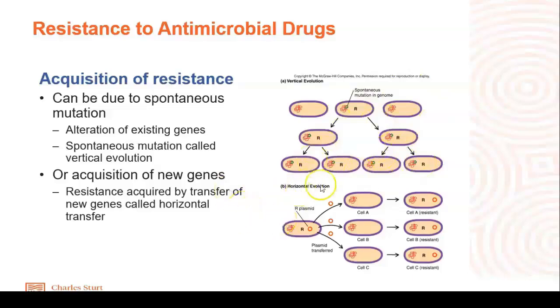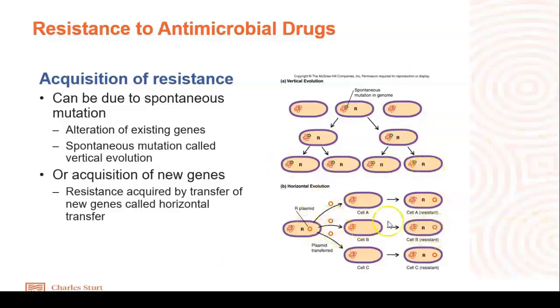The other way is via horizontal evolution, and this is where a bacterium acquires new genes. And this resistance is acquired by transfer of new genes called horizontal transfer, as I mentioned. So if you look here, we have this bacterium, and it's got this coiled genome, but we also have this extra bit of plasmid DNA here, and that plasmid DNA often confers antibiotic resistance.